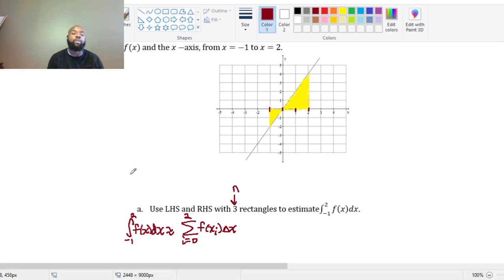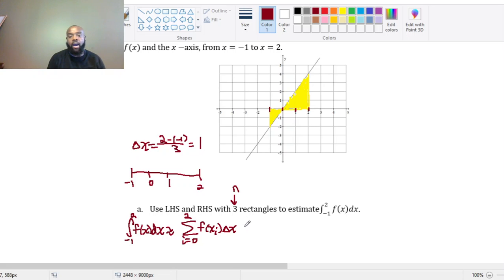Now, if we're going to use our Riemann sums, we start at -1. We're going to go to 2. Our delta x is going to equal b minus a, which is 2 minus -1, over our n, which is 3. We get 1, right? And so if we're going to use 3 rectangles, -1 to 0, 0 to 1, and then 1 to 2. I drew this one a little big, but that's fine.